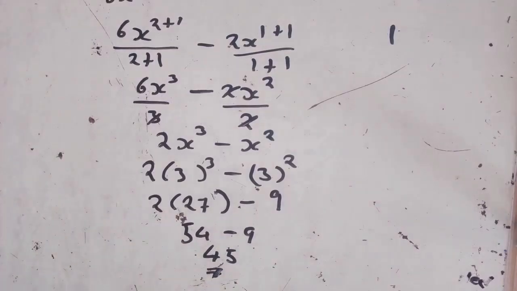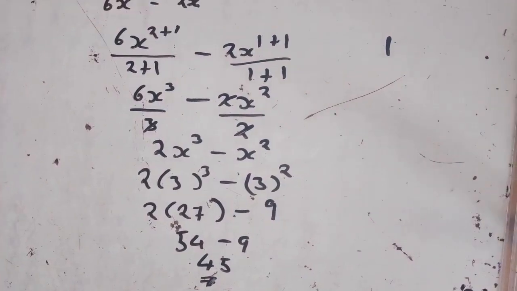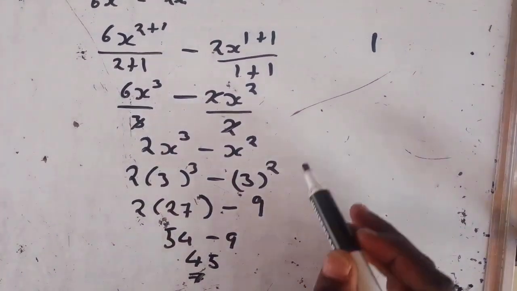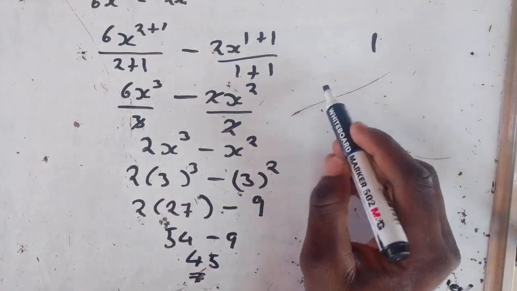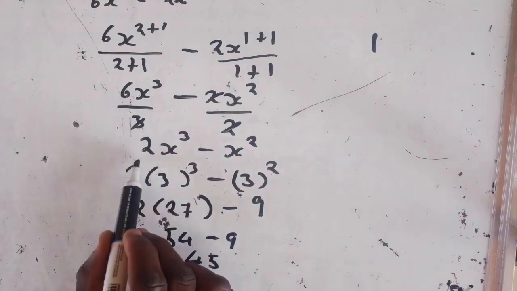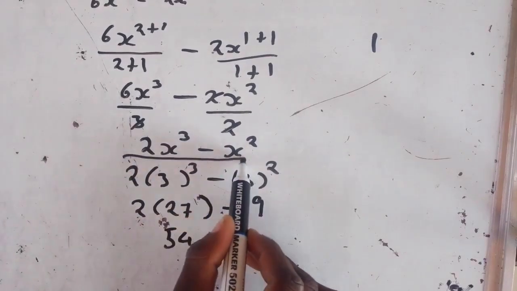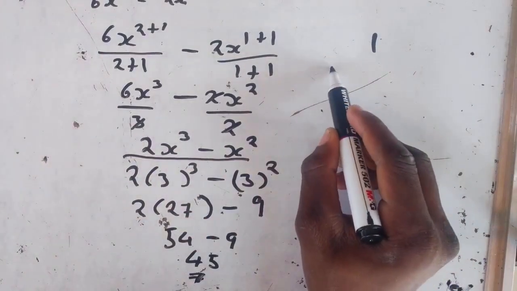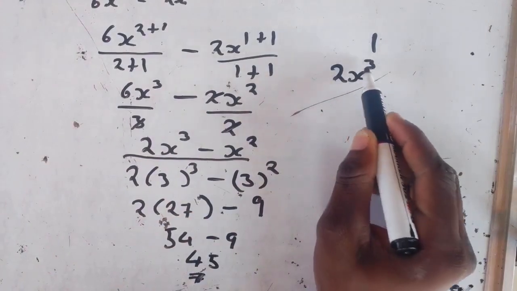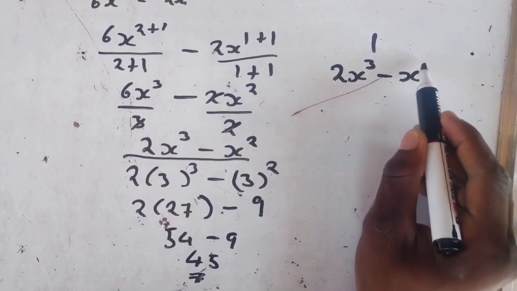So let's now find the value when we replace x with 1 in the function. So we have the normal function, which is 2x cubed minus x squared.